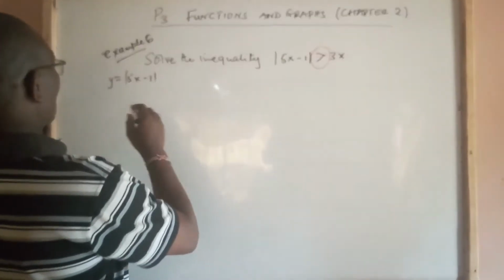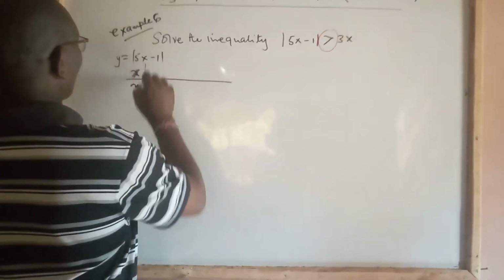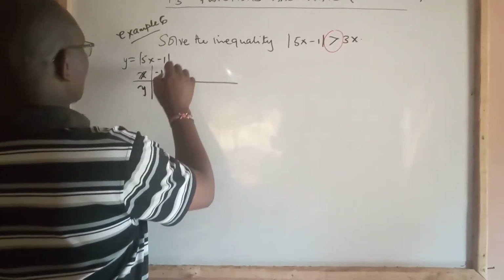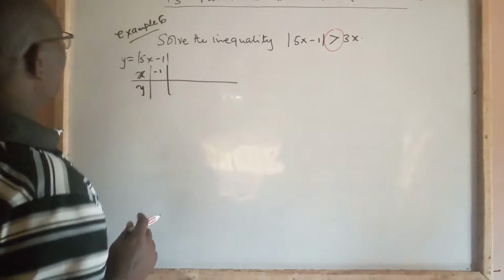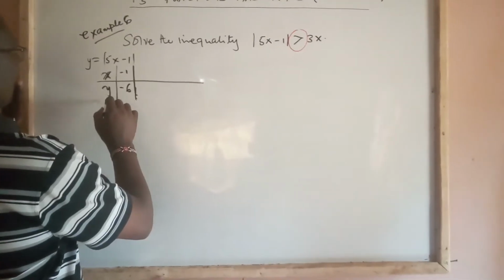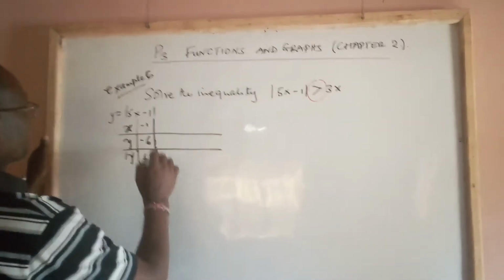Naturally, the way we have known how to go about it, if we have x and y, we can talk about when x is, let's say, minus 1, we have minus 5 minus 1, which is minus 6, and the modulus of y simply becomes positive 6.